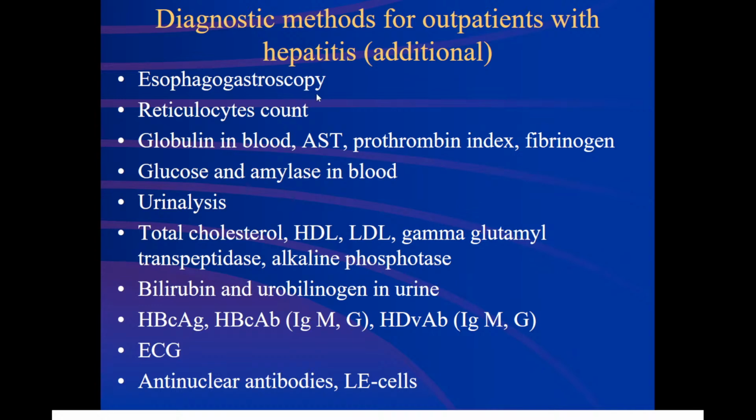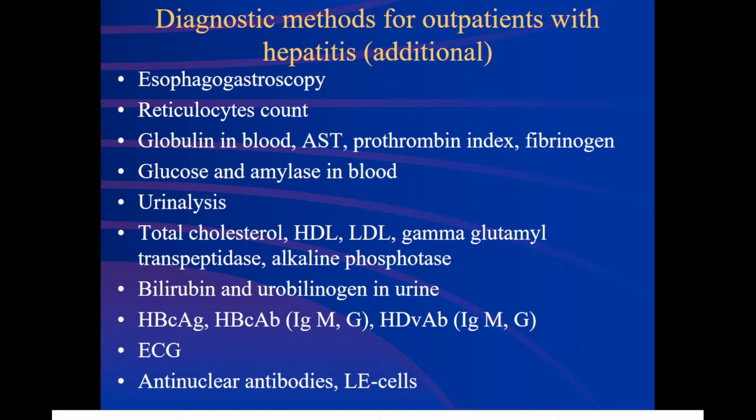Esophagogastroscopy. I already told you that according to recommendations, if progression of portal hypertension develops, it's very dangerous for bleeding, which can cause even sudden death. So esophagogastroscopy is recommended to check for presence of varices in the esophagus, which always confirm the diagnosis of liver cirrhosis, and to check the risk of bleeding.